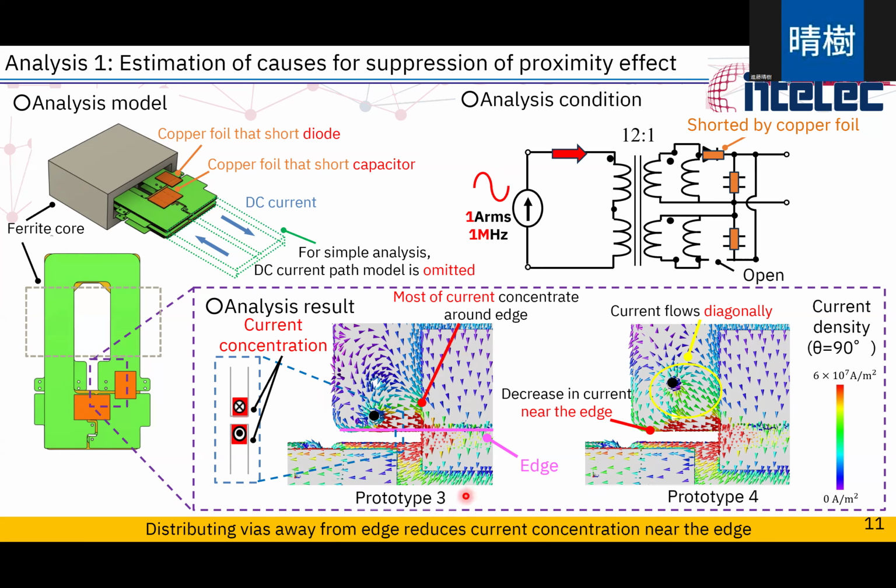On the other hand, in prototype 4, the current flows diagonally, so the amount of current near the edge is less than in prototype 3. So prototype 4 reduces current concentration. Distributing vias away from the edge reduces current concentration near the edge.